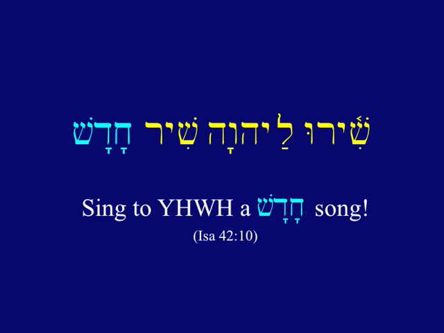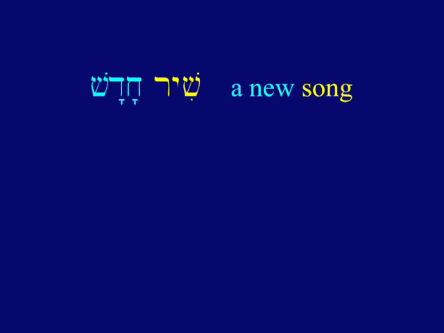Sing to Yahweh a new song, shir chadash. Shir chadash, a new song. On analogy with English, we can see that this is an attributive use of the adjective chadash.